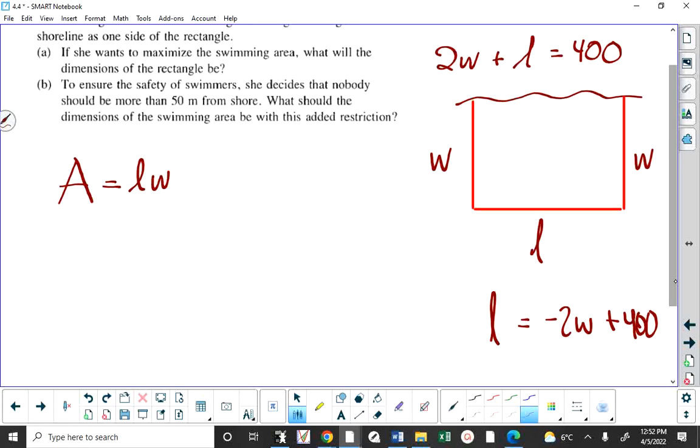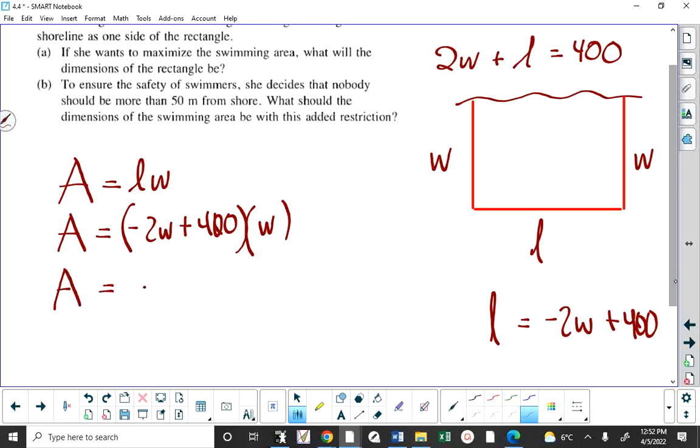I am going to go through A because I think there's some value in it because it connects, I believe, to B, if what I'm thinking is correct. So we end up with A equals the length, which is negative 2W plus 400, times the width, which is W, and we end up with A equals negative 2W squared plus 400W.